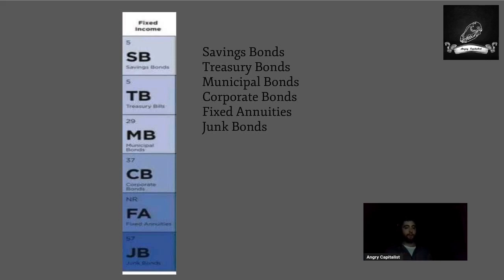However, their risk to return profile means that they're not very well rated. Because there's more risk, they have to pay out a higher rate of interest. So these can be quite lucrative, but they're very risky. Definitely not for the faint of heart.